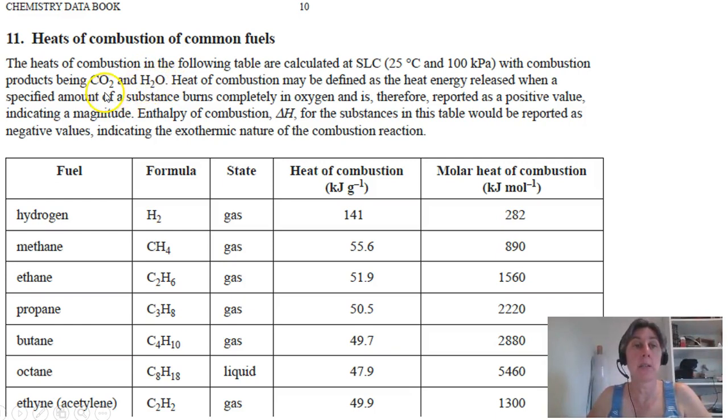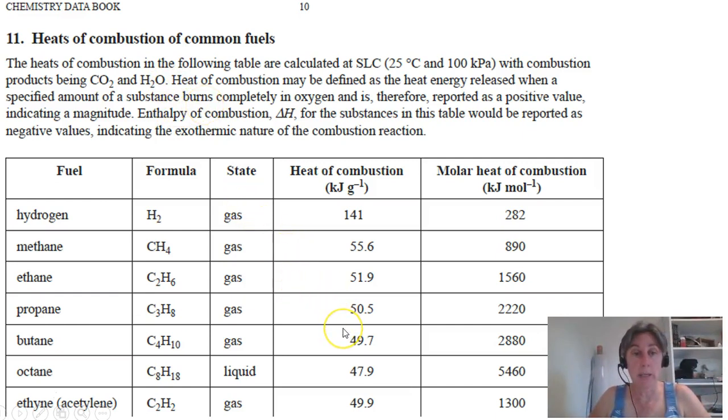So in the past, when we did combustion reactions, you always had to have the states of carbon dioxide and water as gases. But then when they introduced this, apparently at these conditions, the water is written as a liquid. And now apparently they've decided that they'll just leave it off. So I'm not sure exactly, and I'll have to have a look to see whether it should be a gas or a liquid when you write combustion reactions.